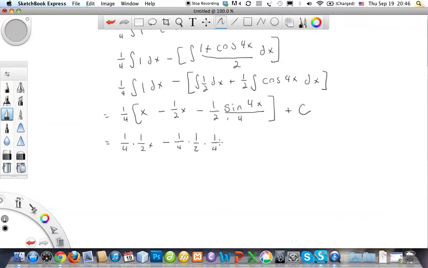This should give me 32 times the sine of 4x plus arbitrary constant. This simplifies to 1/8 x minus 1/32 times the sine of 4x plus our arbitrary constant c. And there you have it.